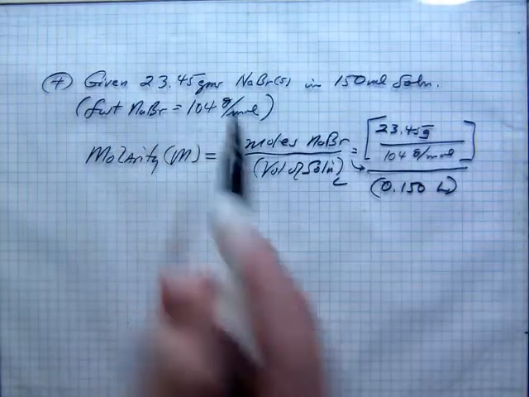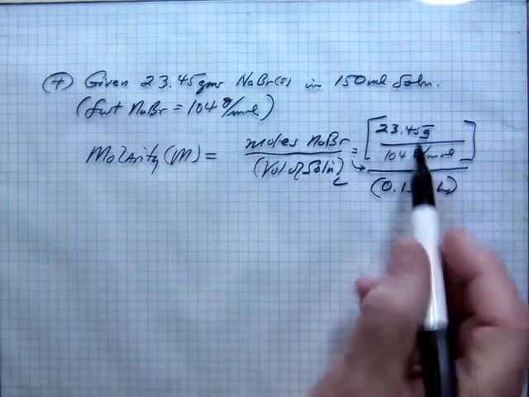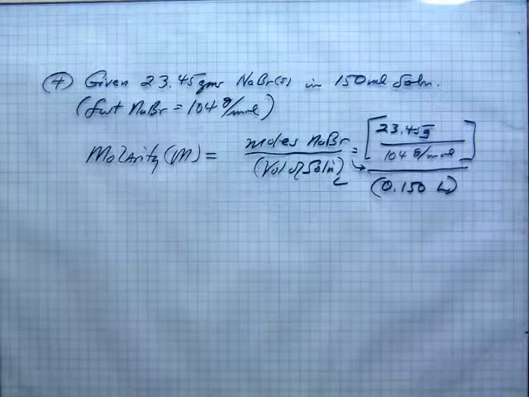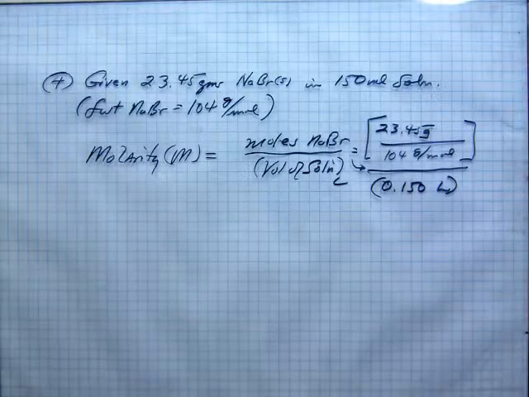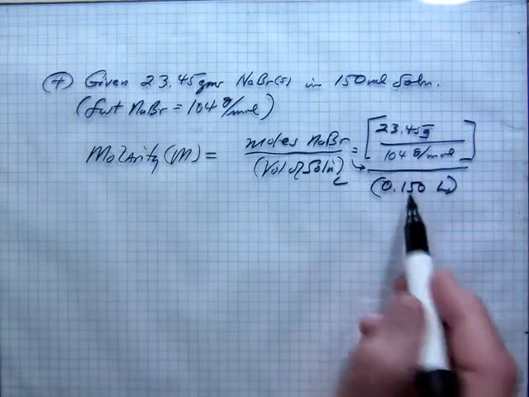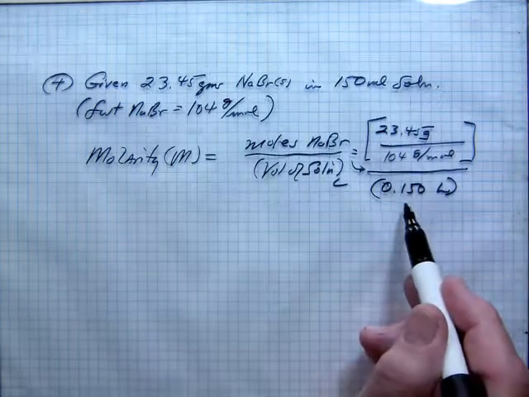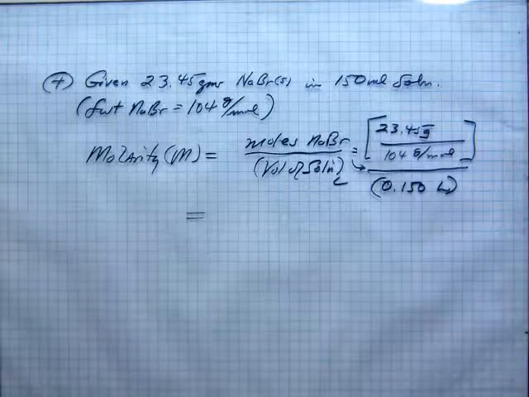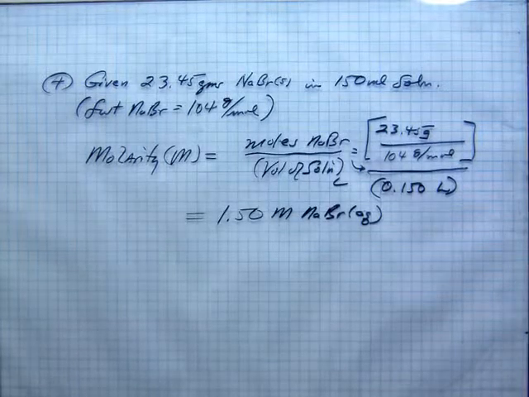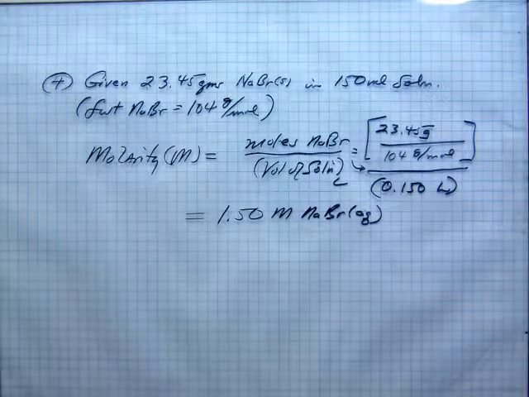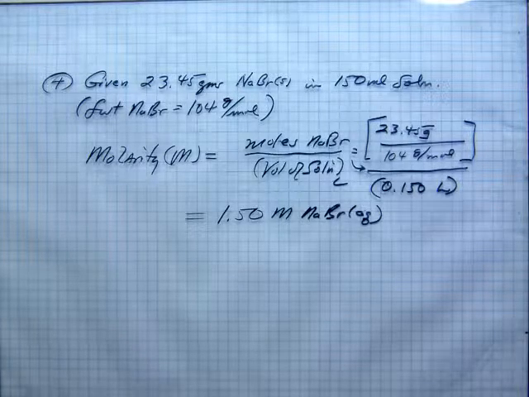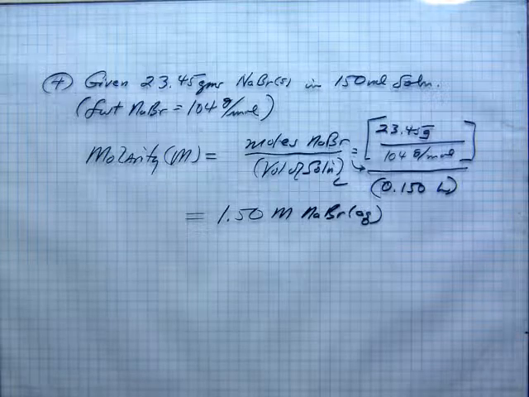Correction, sodium bromide is 104 grams per mole. Substituted into the definition, moles, grams mass over formula weight, and that quantity divided by 0.150 liters will give us the molarity. So we have 1.50 mole per liter, or molar, in sodium bromide aqueous solution.